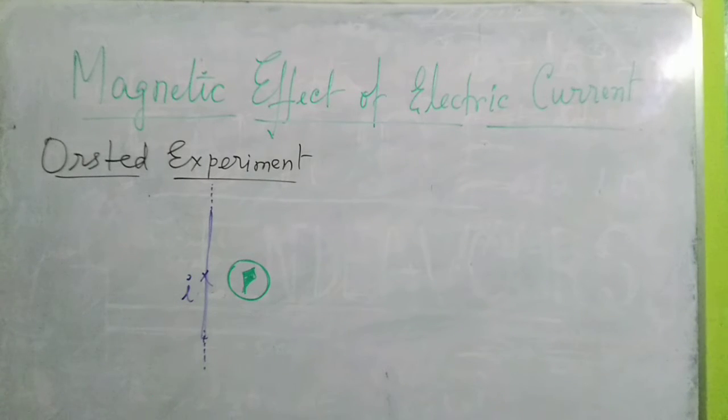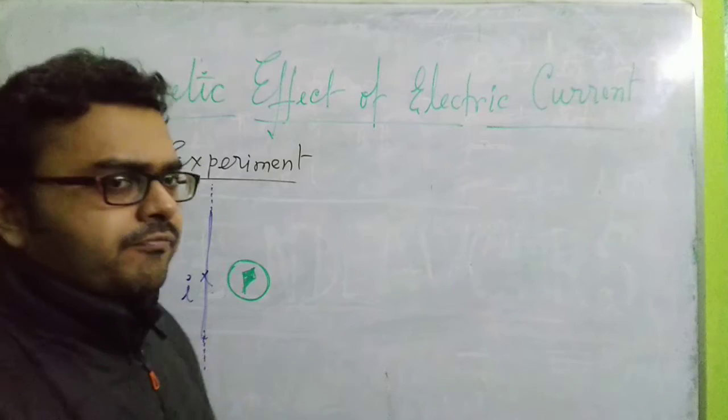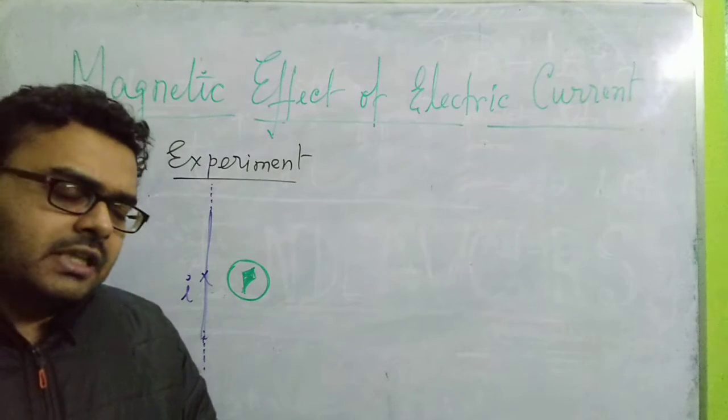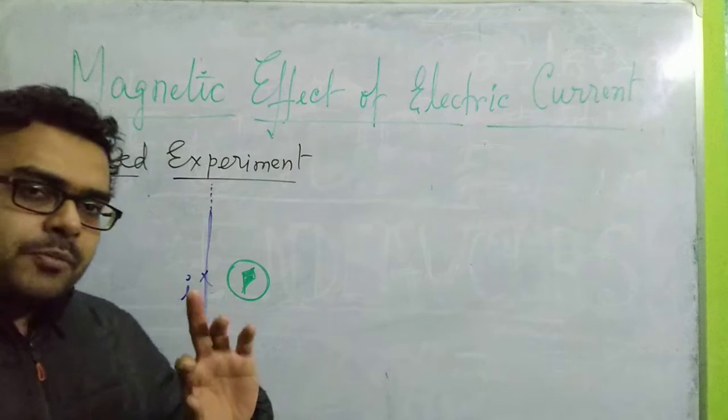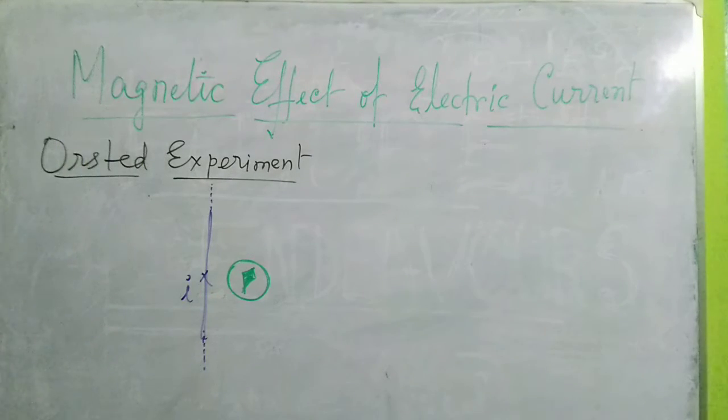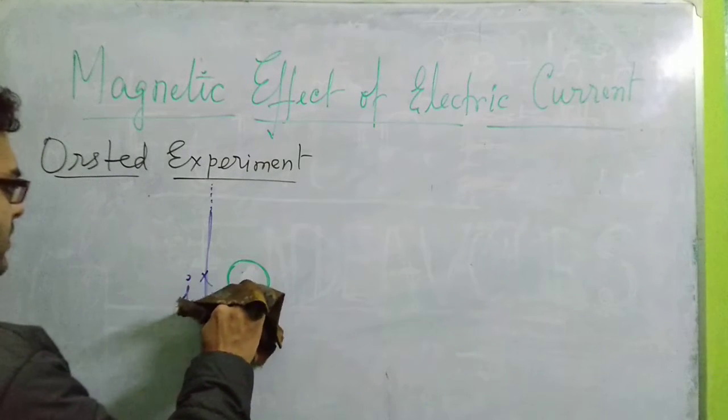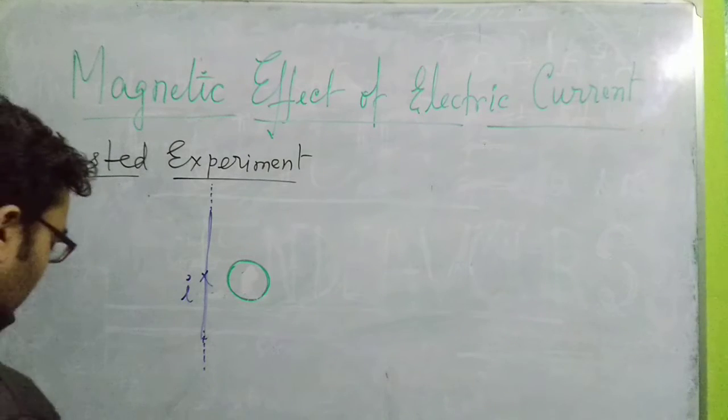This deflection was not observed when the current stopped flowing. Now, as soon as the current was switched off and made to flow in the opposite direction, by reversing the battery source, that is, the polarity of the battery connected to the wire, it was observed that the needle of the magnetic compass also deflected in the opposite direction.